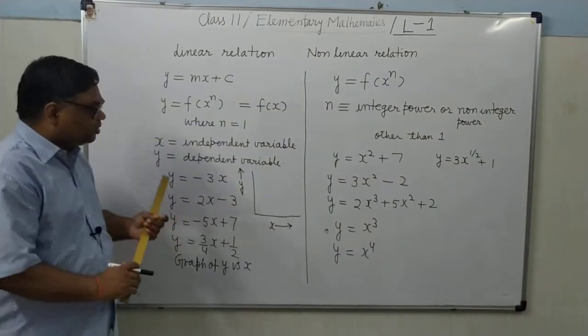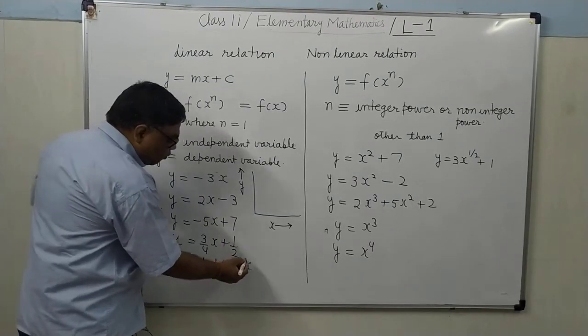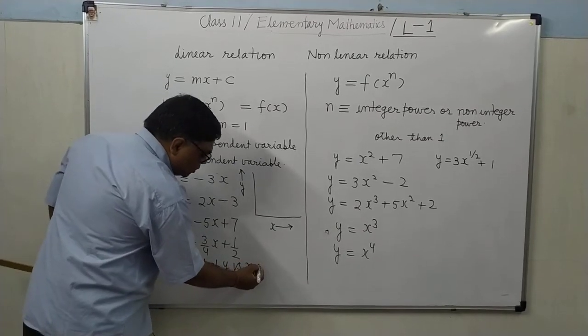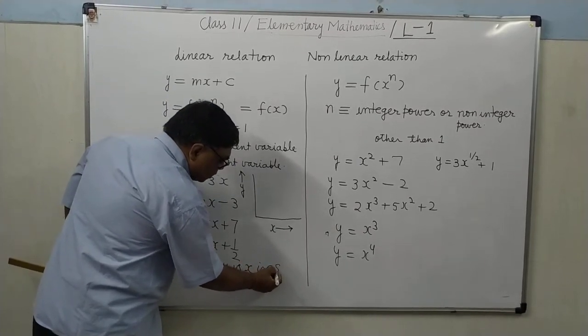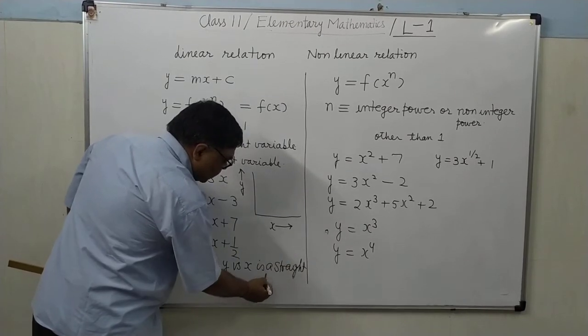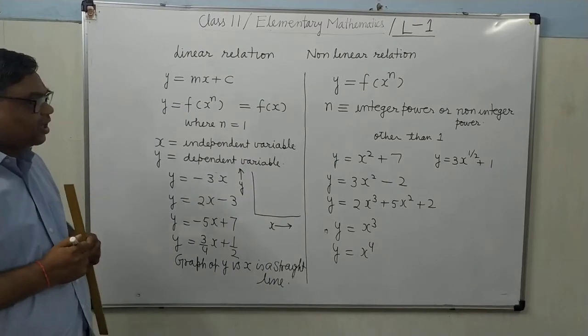So the graph will be a straight line. Graph of y versus x is a straight line. In case of a linear relationship, the graph will be a straight line.